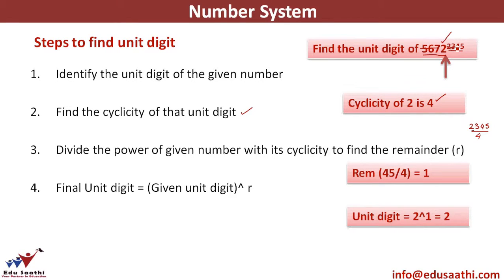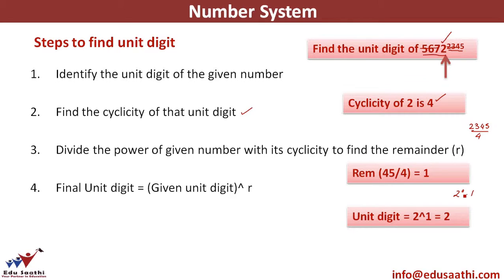A word of caution is, if the remainder comes out to be 0 on division with 4, that does not mean my answer would be 2 raised to power 0, which is 1. You would have easily seen that when we did the cyclicity for 2, the number ends with either 2, 4, 8 or 6.